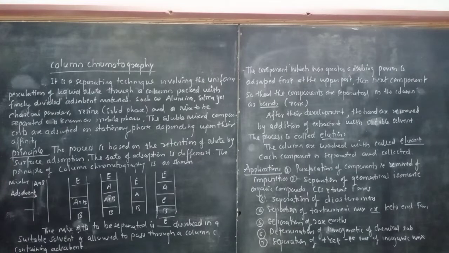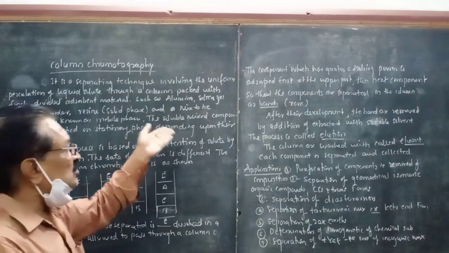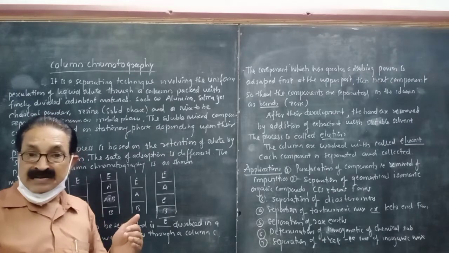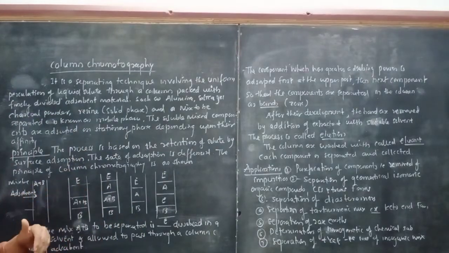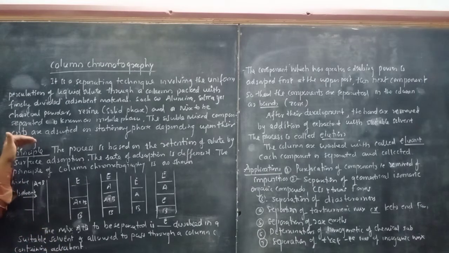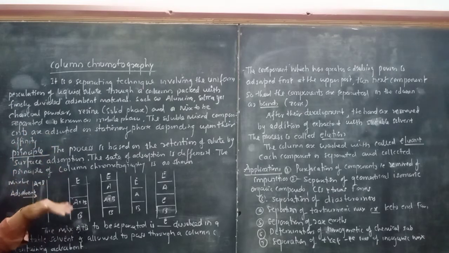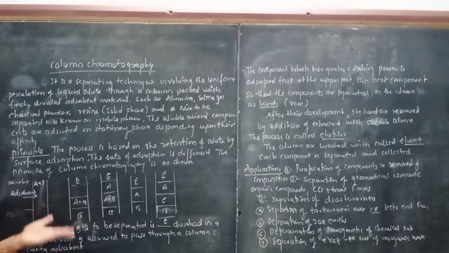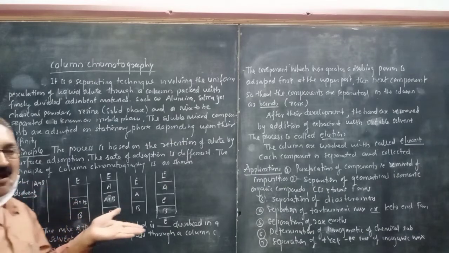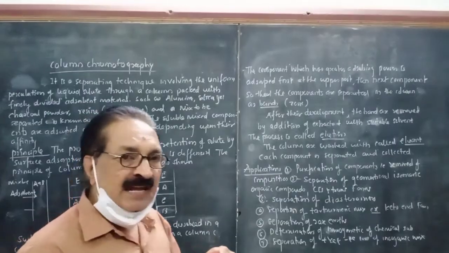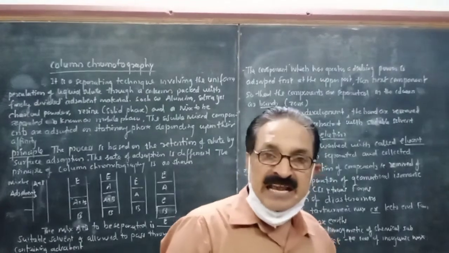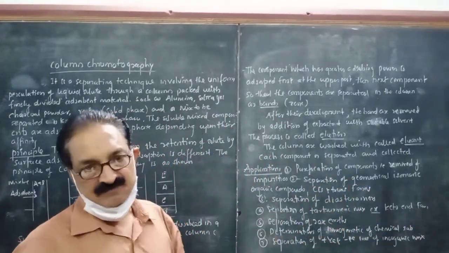The soluble components present in the solvent, when placed over the stationary phase, start to separate from one another depending upon the affinity of the mobile phase components towards the stationary phase.